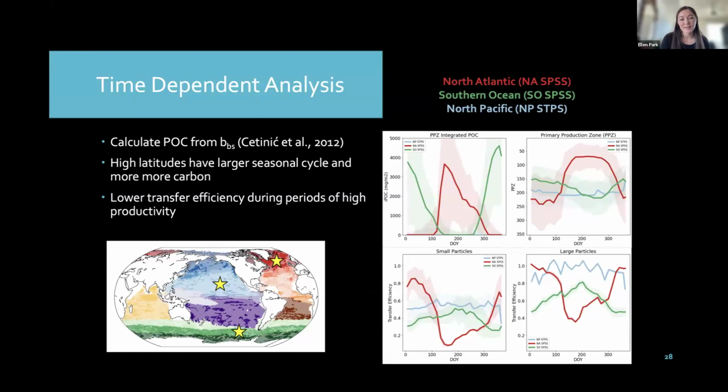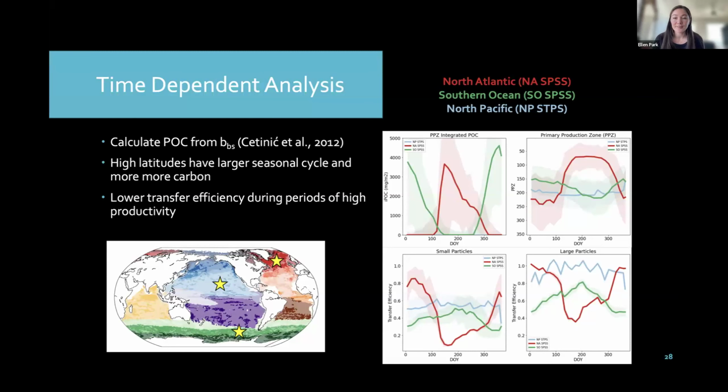We can see that in the North Atlantic in red and the Southern Ocean in green, we have periods of really high productivity where we're producing a lot of carbon in the surface ocean, and they're also out of phase because they're in opposite hemispheres. In the North Pacific, we don't see much variation or really a signal at all from the small particles because there's less carbon in the surface ocean there.